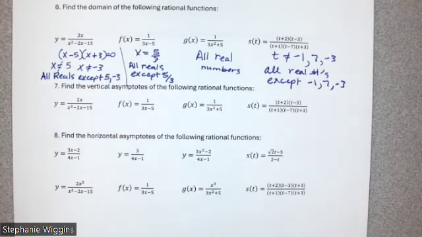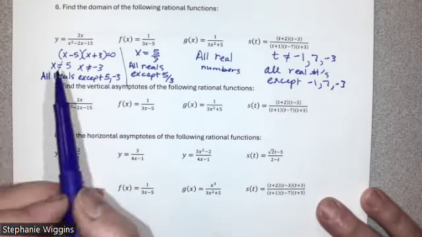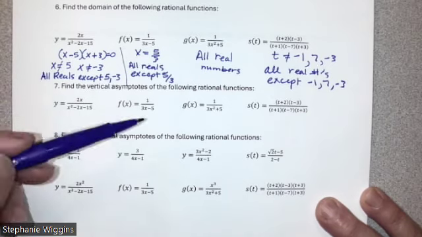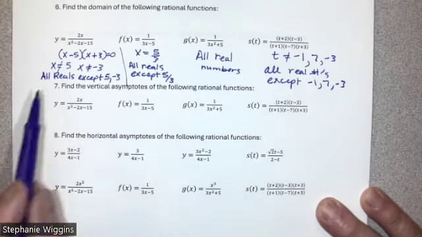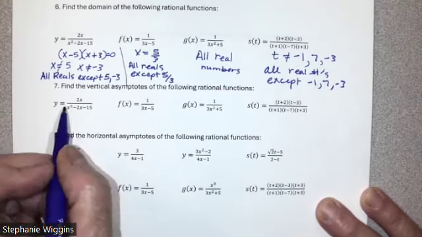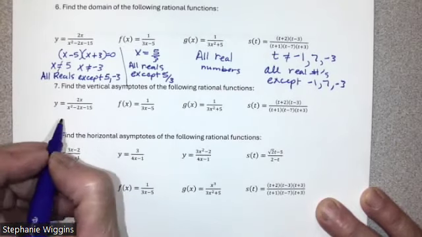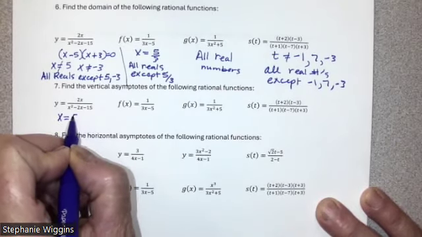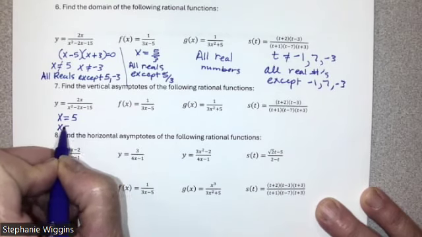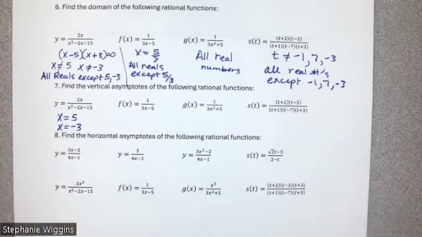Now to find the vertical asymptotes, you're going to set the denominator equal to 0. So in this case, notice these functions are the same. So I've already done the work here. To set the denominator equal to 0, we get x equals 5 as a vertical asymptote and x equals -3. And that's just a no-go zone.